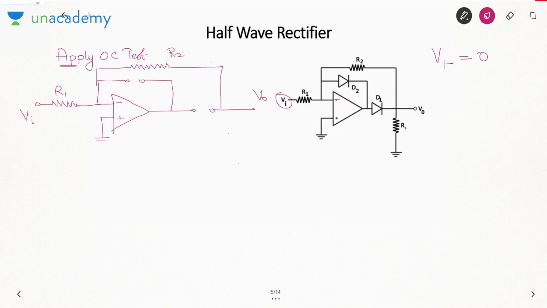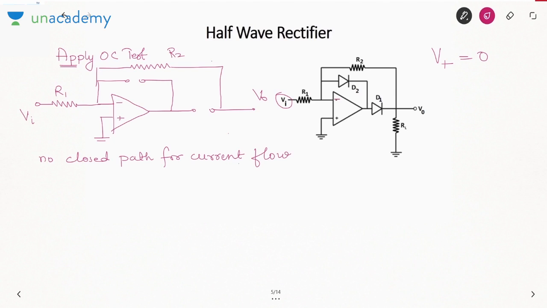Now see one thing, that there is no closed path for current flow. Also you can observe that there is no feedback, because for feedback the output terminal must be connected to input, but there is no such connection.